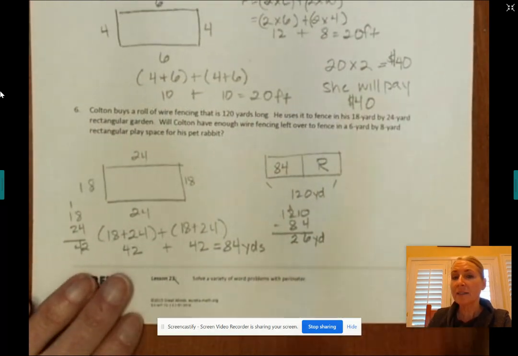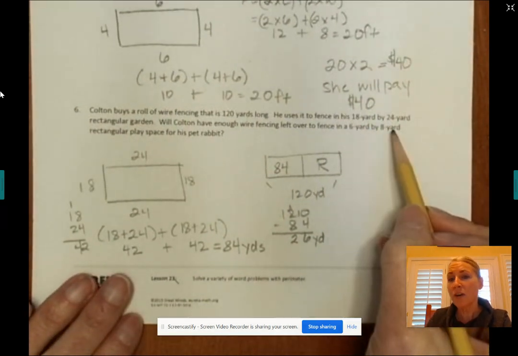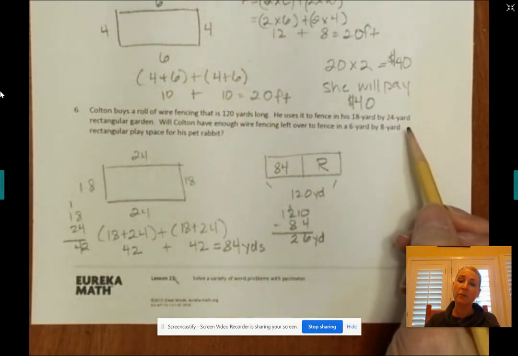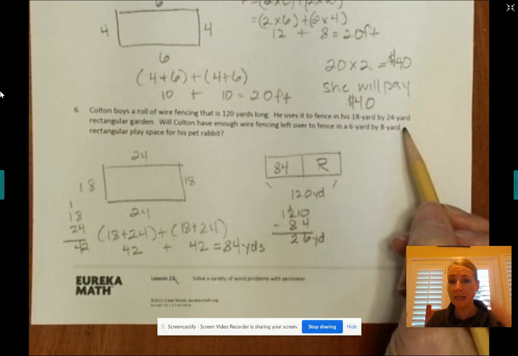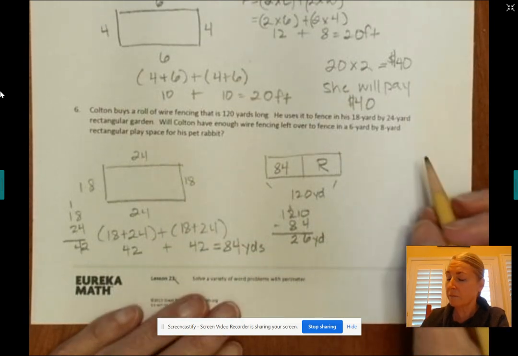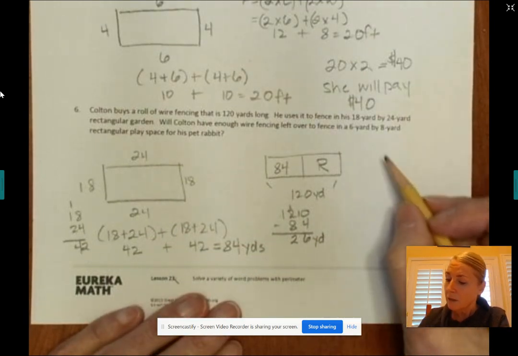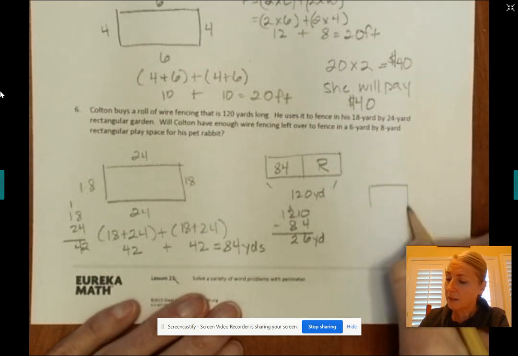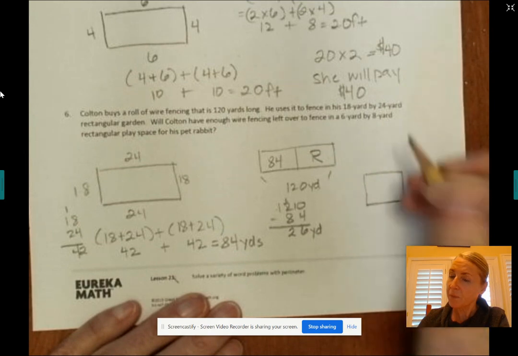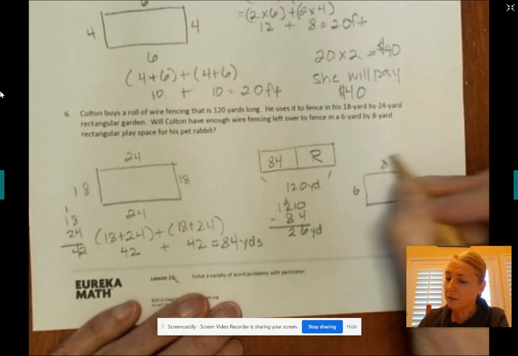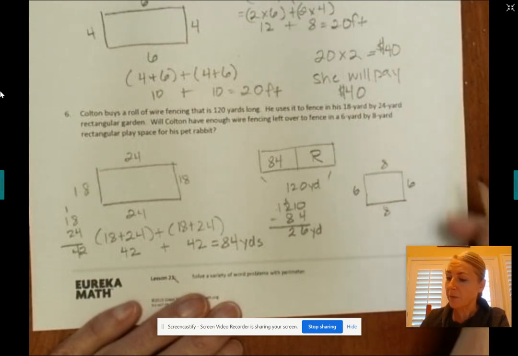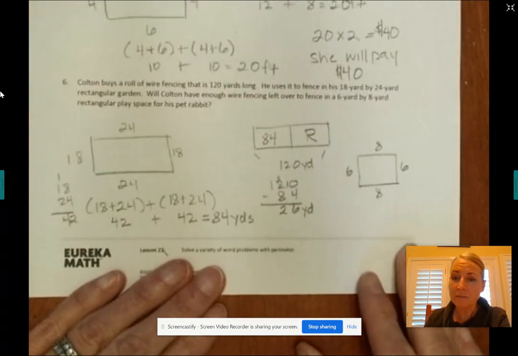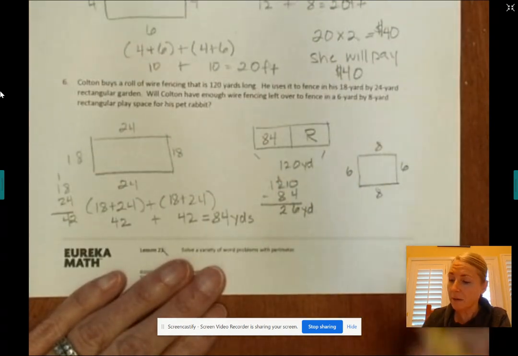Now, if he does a 6 by 8, don't fall into this trap and say, oh, he needs 48 yards of fencing. Well, no, he doesn't, because that's the area of the pet rabbit cage or play space. So you have to kind of draw it, and remember, we have to calculate with addition, right? And he might not have enough, but he certainly doesn't need 48 yards.